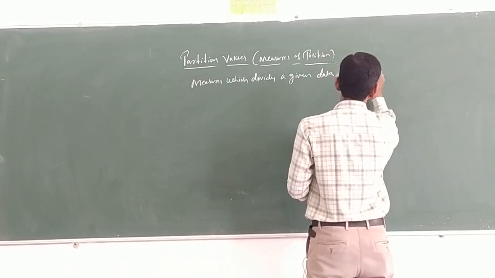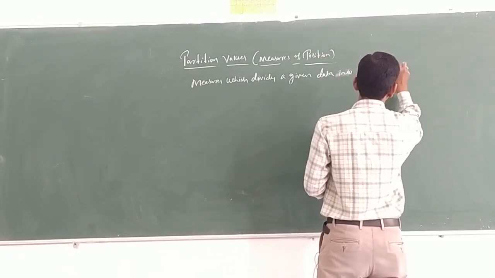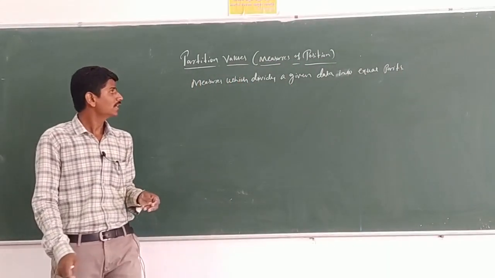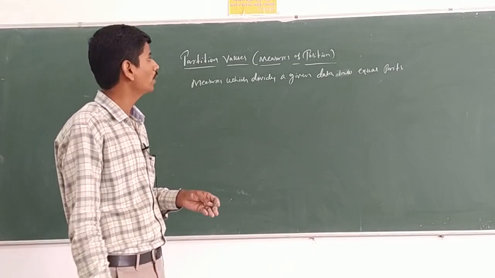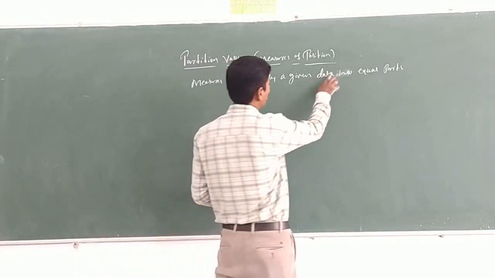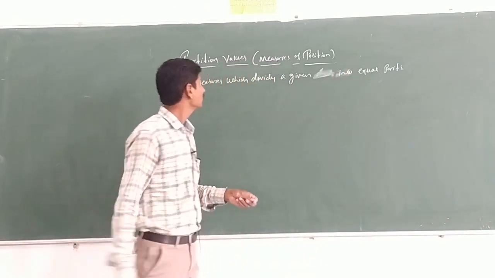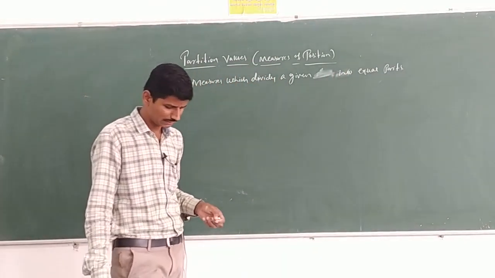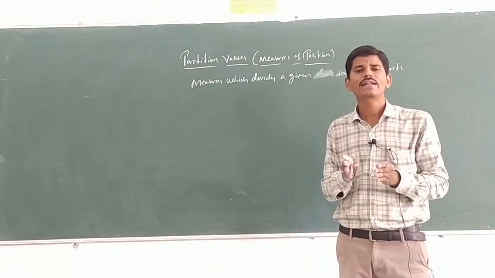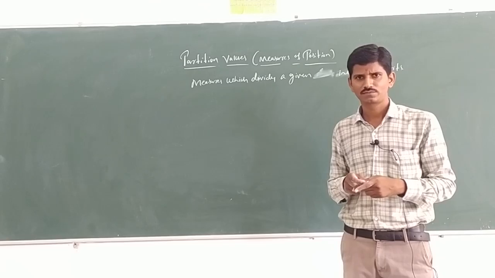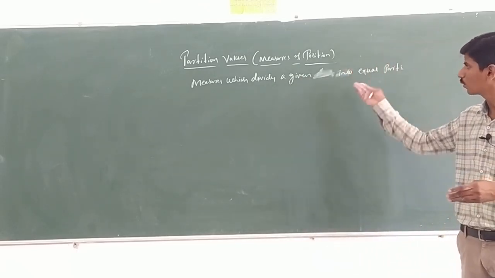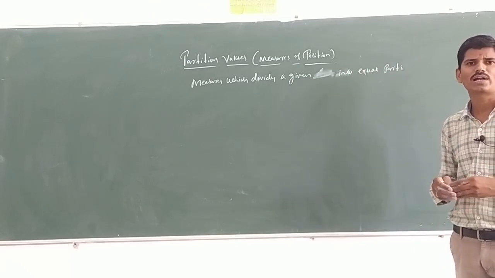What is the partition value? Measures which divide a given value or data into equal parts is said to be partition values. Here the whole frequency distribution can be divided into equal parts, not just two, it is equal parts, then it is said to be partition values.